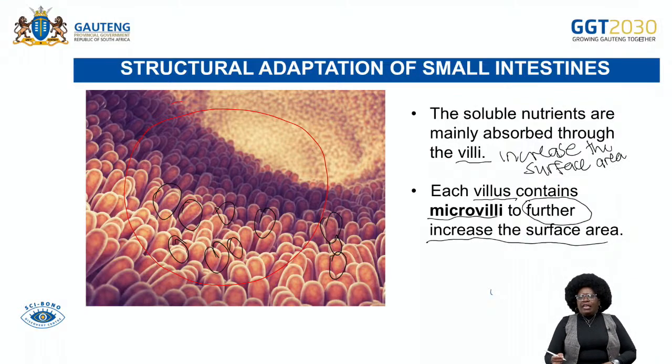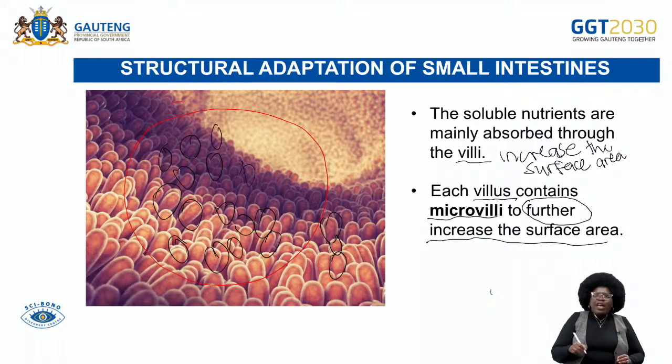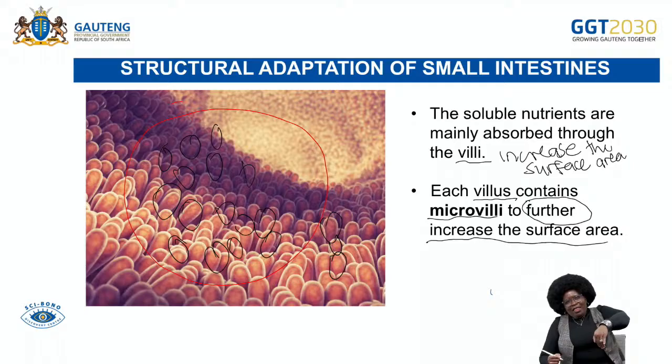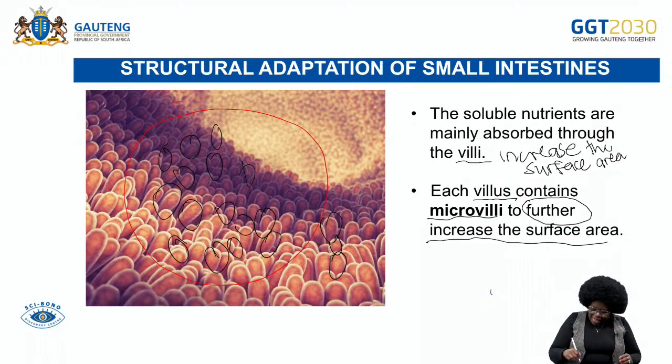But furthermore, from what we see here, all these millions of villi have microvilli. I'll show you a beautiful diagram showing the microvilli. As much as we are not able to see them with our naked eyes, we do have the folds found on each villus, each one of the millions that we have. And they further increase the surface area.